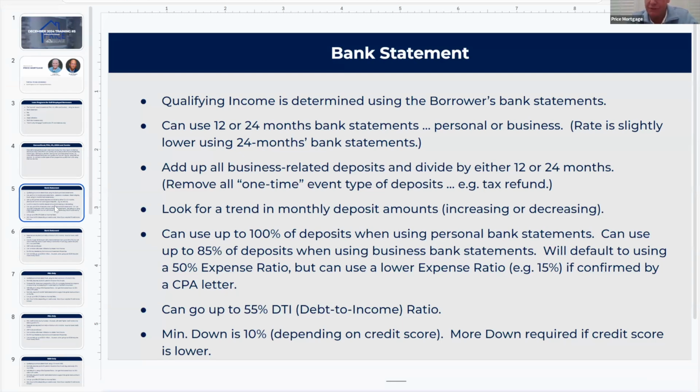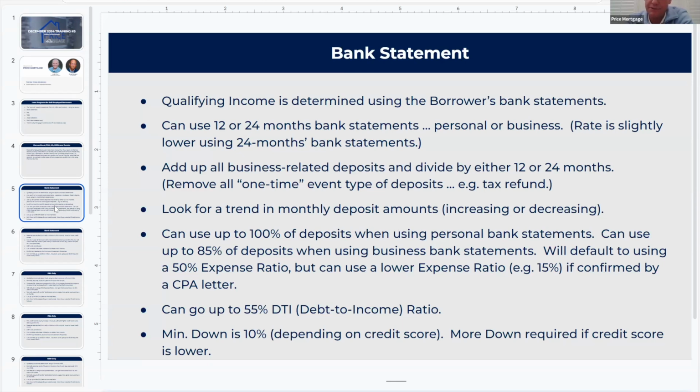So if the average of your deposits over 12 months is $10,000, they're going to cut that in half and give you $5,000 of qualifying income. But most self-employed people don't have anywhere near a 50% expense ratio, so they'll use a much lower expense ratio.